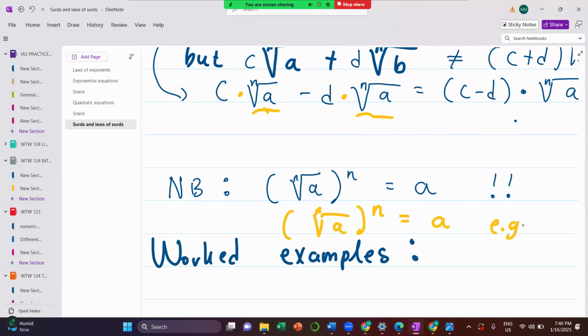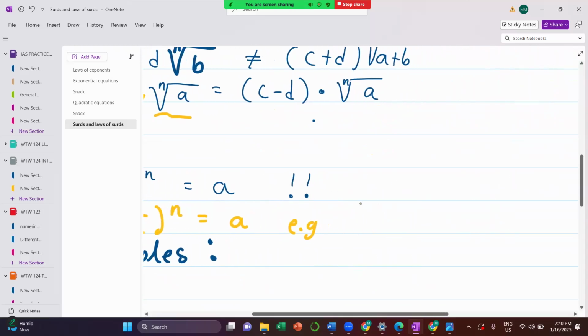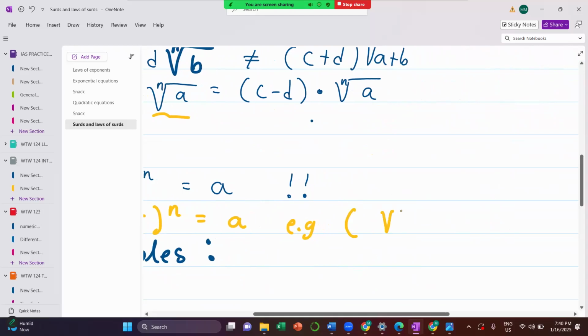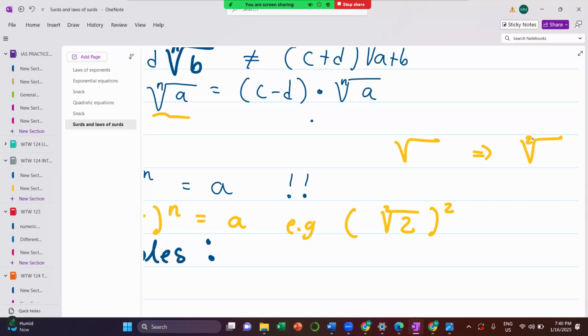Look, for example, let's say I have the square root of 2 raised to the exponent of 2. Remember that the square root of 2 means that there's actually a 2 there. A square root is the same as me saying the exponent 1 over 2.